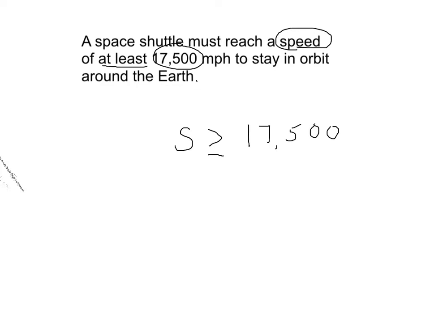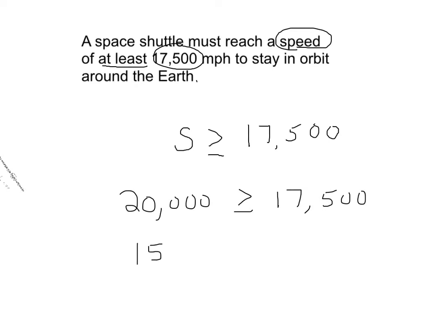Now, to test it out, something that's bigger than 17,500 would be 20,000. And this, in fact, would keep that space shuttle in orbit if it was going 20,000 miles per hour, so that makes that sentence true. If we want to cite a non-example, what if we said 15,000?